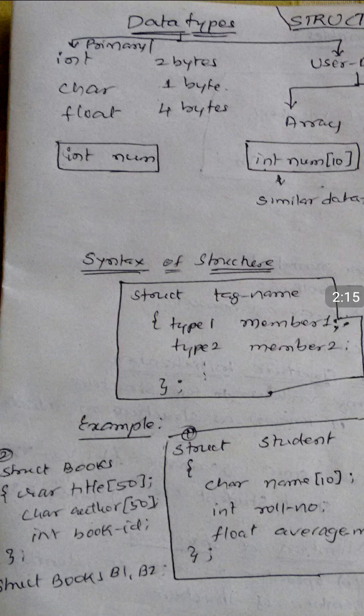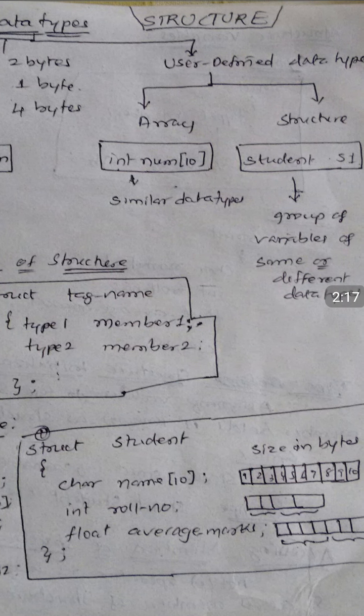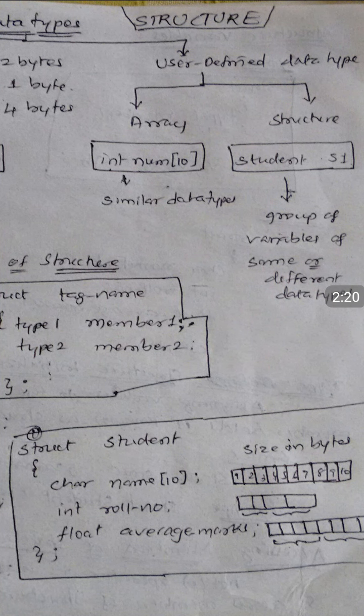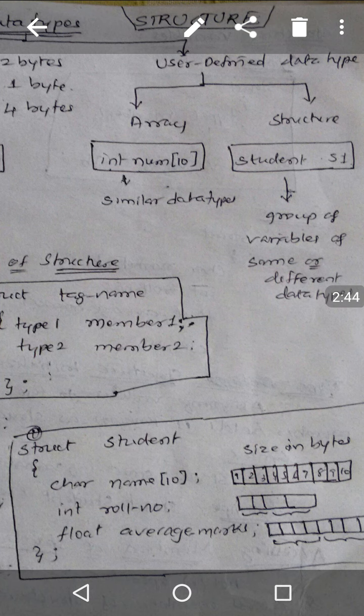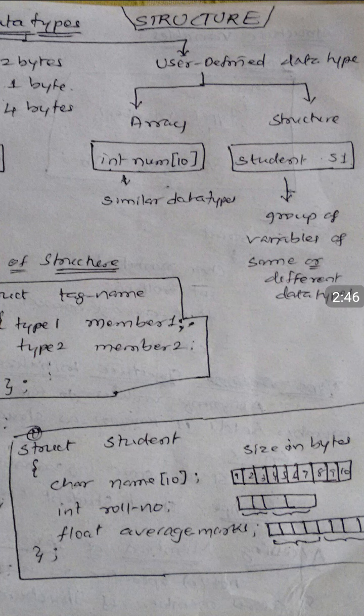In the same way, we have another type of data called user defined data types. In the user defined data types, we have two kinds. For our simplicity, one is array, and another one is structures. Why do we use an array? For example, if we want to store a number that is an integer, we declare int num.